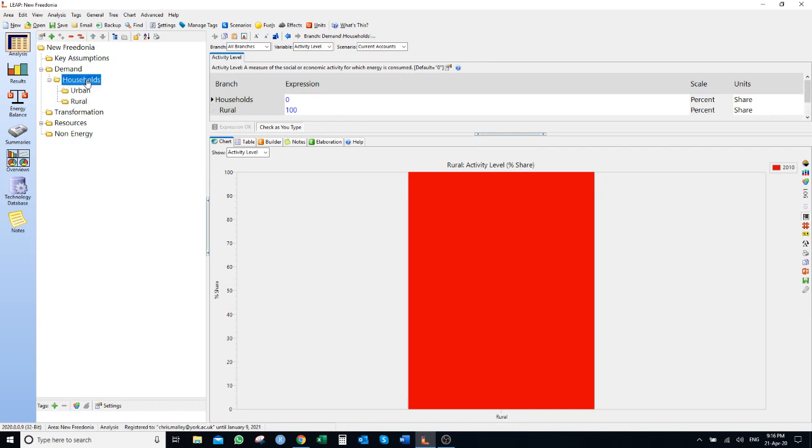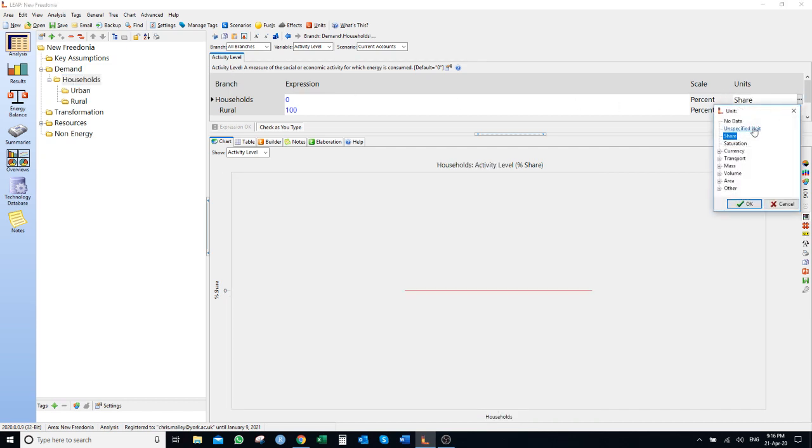So I know there are 8 million households. I want to enter this on this first branch here. This is the first activity variable I'm entering. So I have 8 million households in total.